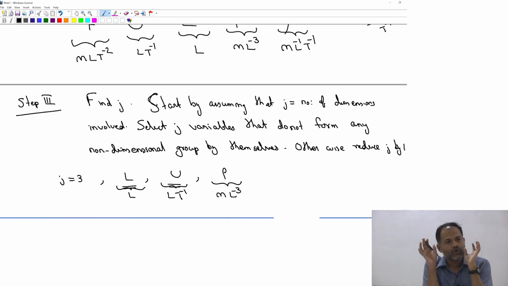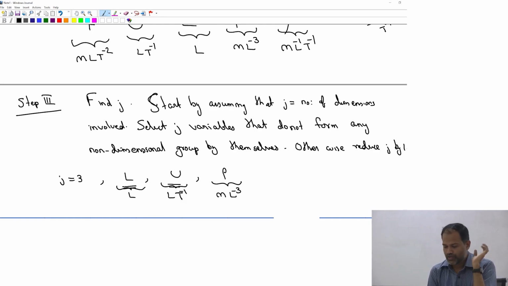Can you write rho, L and U in any combination that you like so that it can become non-dimensional? No, right? That's because rho has an M in it. There are no other quantities which have got mass in them. So whatever way you write, that M is not going to go away. Similarly, U has a T in it, so that T is anyway not going to go away.